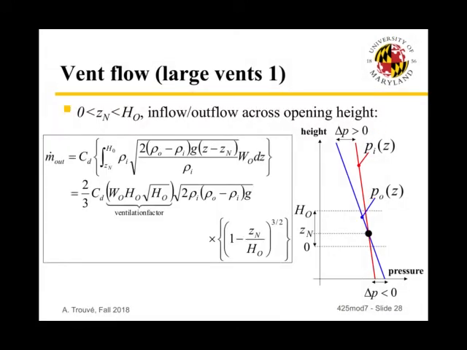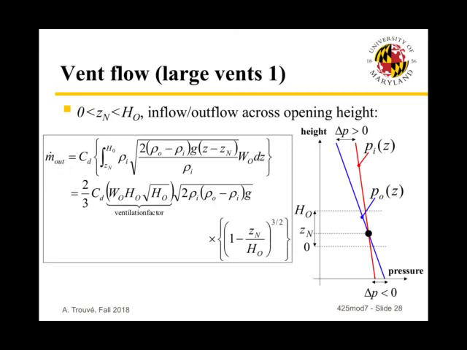Okay, the more interesting case is the case where Z neutral is between 0 and H0, because that means that the upper portion of the vent corresponds to outflow of smoke in a fire scenario, and the lower portion of the vent corresponds to inflow of fresh air in a fire scenario. So let's look at the outflow contribution first.